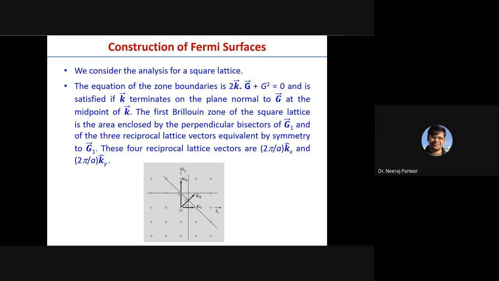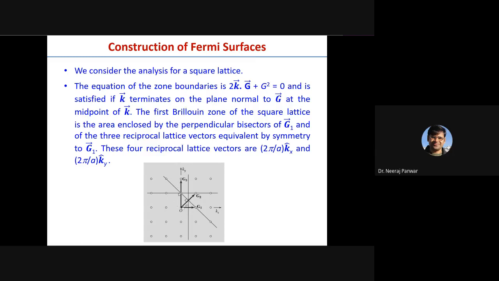So, for example, if we consider this point as origin, and we connect all the neighboring points, this is the nearest neighbor, this is the nearest neighbor. Then we draw the perpendicular bisectors along this direction, this direction, and this direction. So we will form a Wigner-Seitz cell for a square lattice.